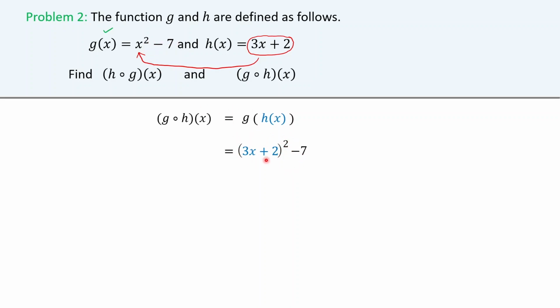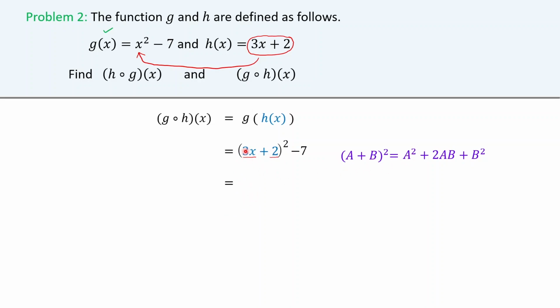Now expand this using this formula. A plus b squared is equal to a squared plus 2ab plus b squared. This a is 3x and b is 2.